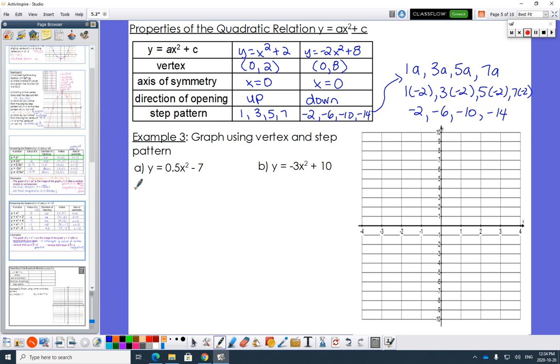So this one, when you have -7, you go down 7 units. So the vertex is 0, -7. The A is 0.5.